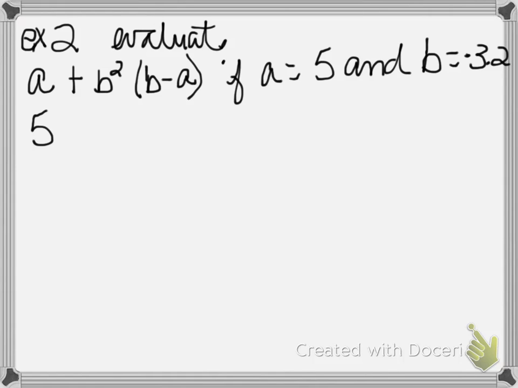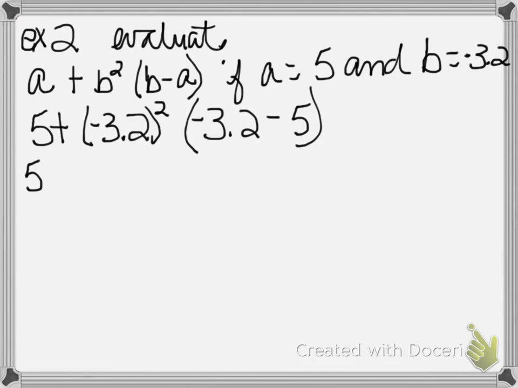We're going to plug in 5 for A and 3.2 for B. It's a negative 3.2. Now, order of operations says we're going to do exponents first. So negative 3.2 squared is 10.24. And it's a positive because negative times a negative is a positive. Anytime you're squaring a negative, you're always going to get a positive.